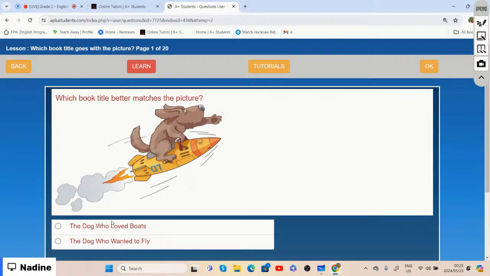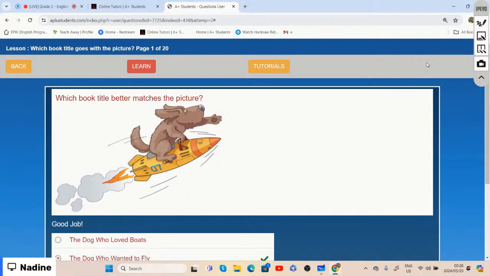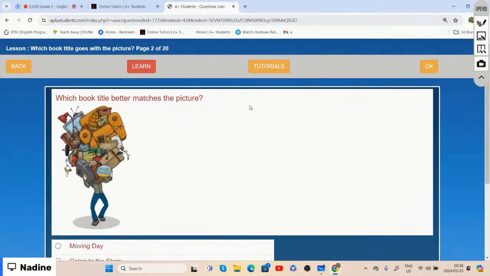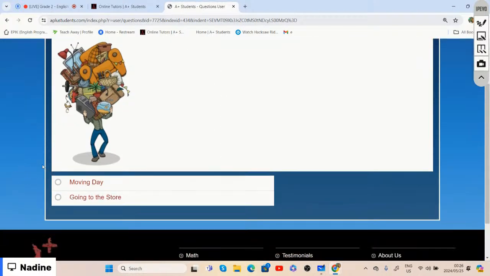And if we were to choose the correct title, we would say it's option two, The Dog Who Wanted to Fly. So well done. Option two is correct. Which book title better matches the picture? Is it Moving Day or Going to the Store?